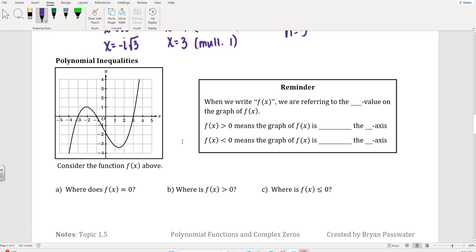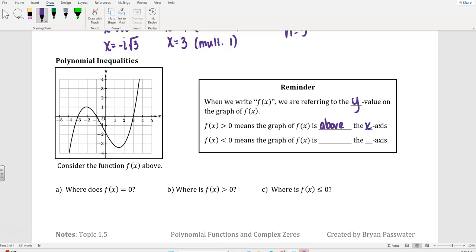Okay, so when we're looking at inequalities here, when we write f of x, we are referring to the y value on the graph of f. So if the question says that f of x is greater than 0, that means the graph of f is above the x-axis.